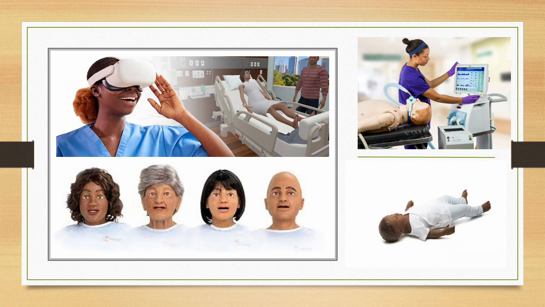Some of the simulators that we have are Nurse N in the bottom. Nurse N can end up being an adult female, a geriatric female, a male, and a geriatric male. We have all four to end up helping us.